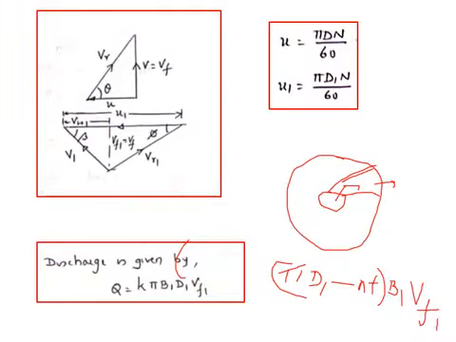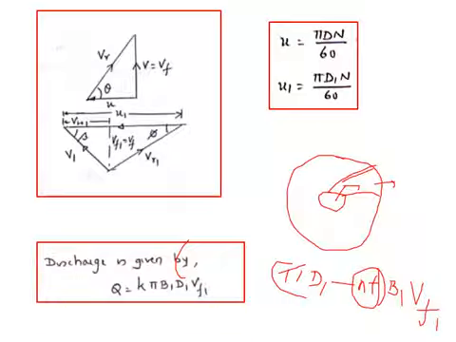Generally, the area that is blocked by vanes is expressed in terms of the circumference. Suppose it is expressed as something like 6% of the circumference, 6% of the area is blocked.